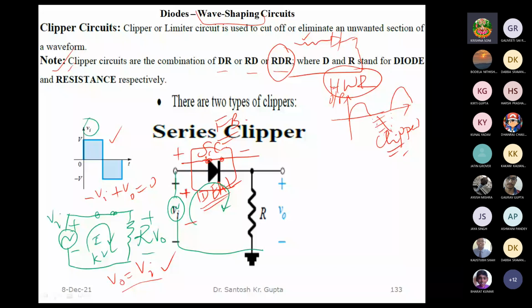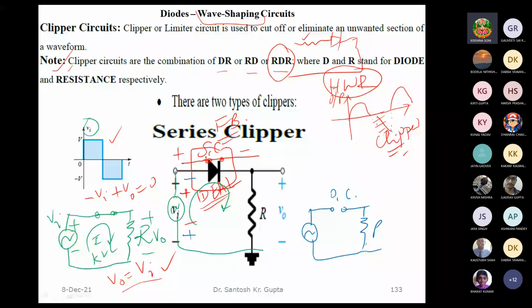Whereas as soon as our polarity changes, say minus plus like this, then this diode will become off, and it will be just like an open circuit, and our equivalent circuit will look like this: input voltage Vi now with the reverse polarity, minus plus.